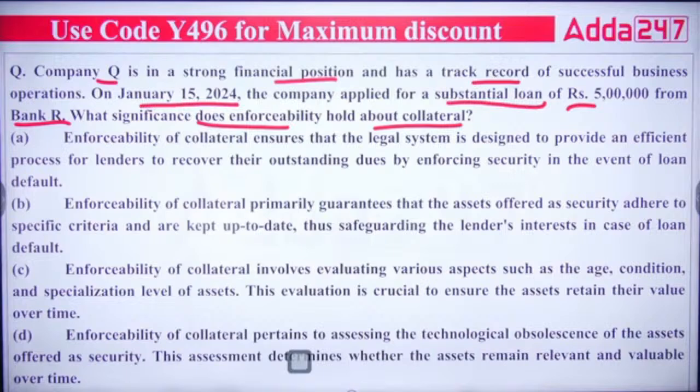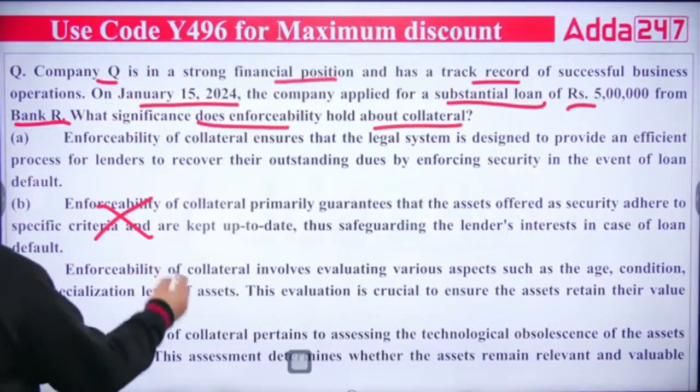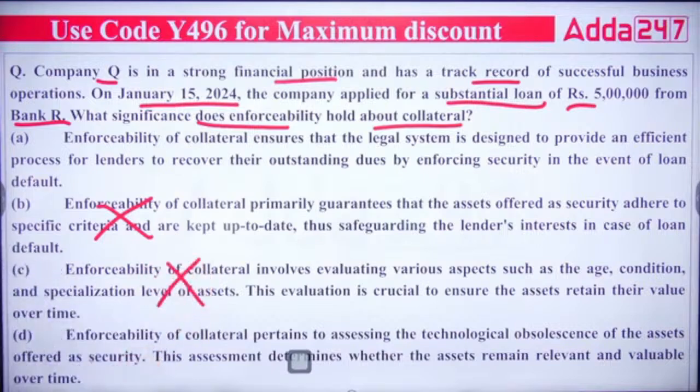Let's see the second. Enforceability of collateral primarily guarantees that the assets offered as security adhere to specific criteria and are kept up to date? No. Enforceability of collateral involves evaluating various aspects such as age, condition, and specialization levels of assets? Obviously not. Enforceability of collateral pertains to assessing the technological obsolescence of the assets offered as security?